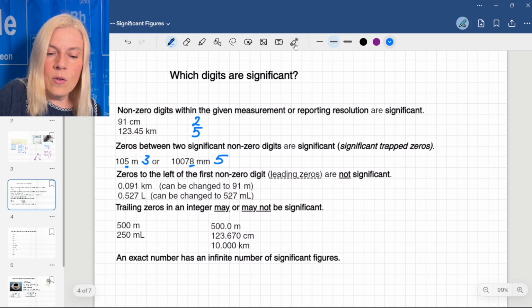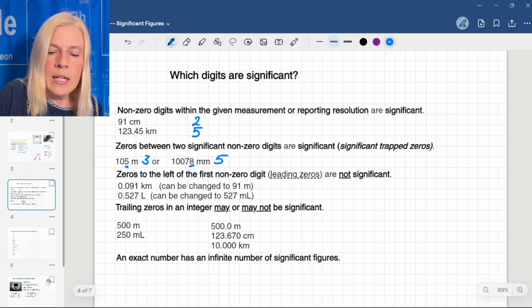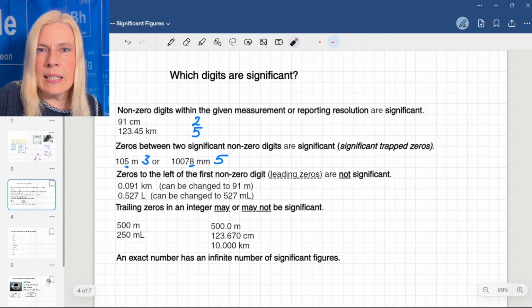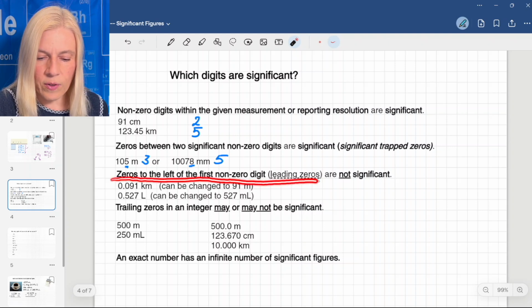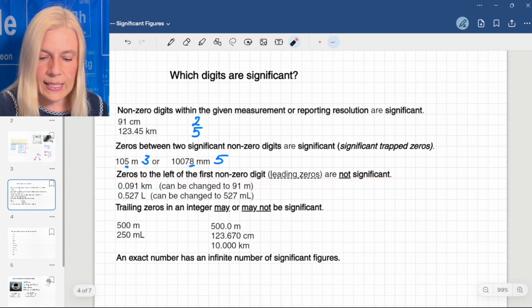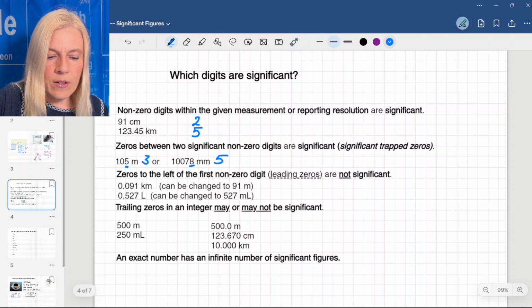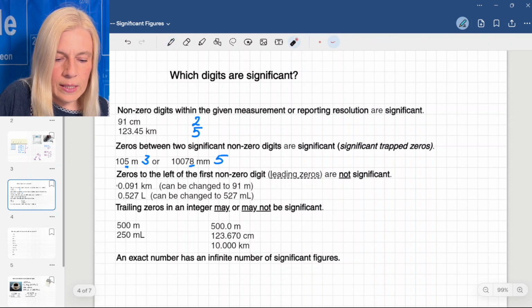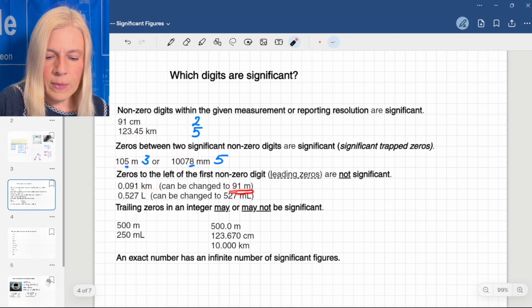Okay, so the problem comes with zeros at the beginning and at the end of a number, right? The zeros at the beginning, really no big deal, because the leading zeros, to the left of the first non-zero digit, are not significant. Why? They are called placeholder zeros. Let's look at them here. If we have 0.091 kilometers, I can change that unit to 91 meters.